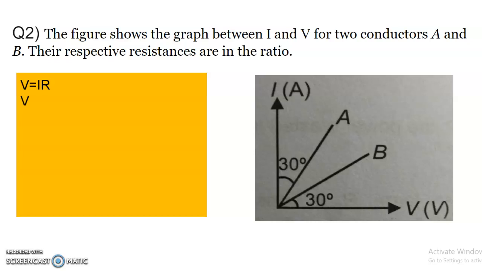Then V by I is equal to R. But since it is an IV graph, we are going to write I by V is equal to 1 by R, which will give us tan theta.